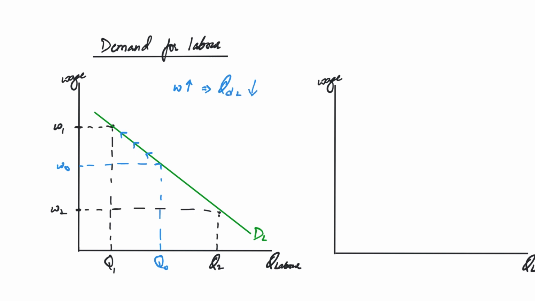There's a contraction in demand. On the other hand, if the wage goes down, what do we see? The quantity demanded for labor is going to increase. There is an extension in the demand as a result of that.